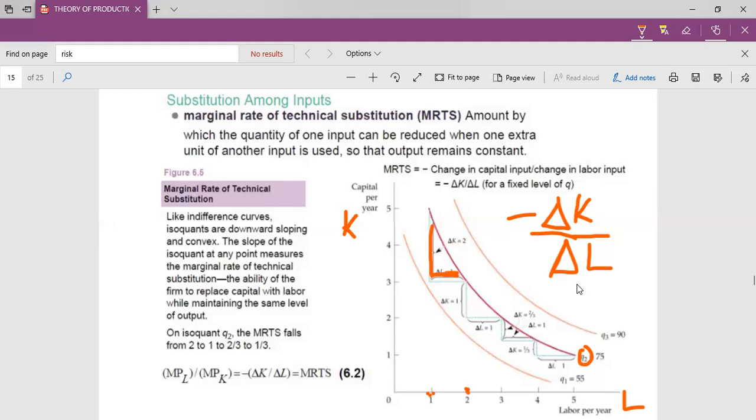What is the change in capital? 4 minus 3 equals 1. And the change in labor? 2 minus 1, which is 1.